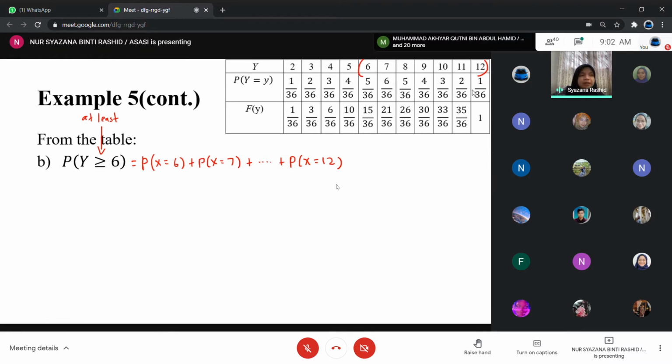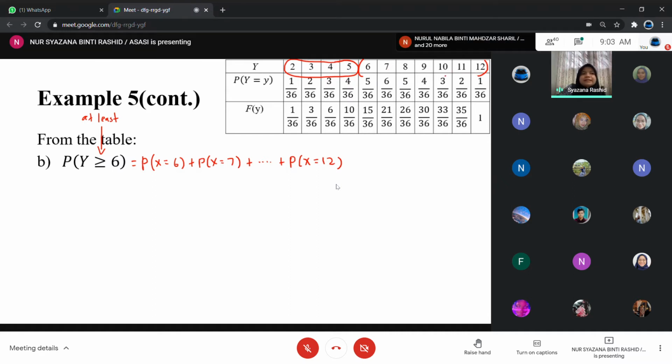Okay, another way, guna complement. Kita guna complement. Sebab ni probability kan. So apa-apa saja probability memang ada complement. So complement untuk at least 6 ni, complement untuk 6 sampai 12 adalah yang ini: 2, 3, 4, 5. 2, 3, 4, 5 ni komplement. Okay, macam mana kita nak dapat 6, 7, 8, 9, 10, 11, 12?